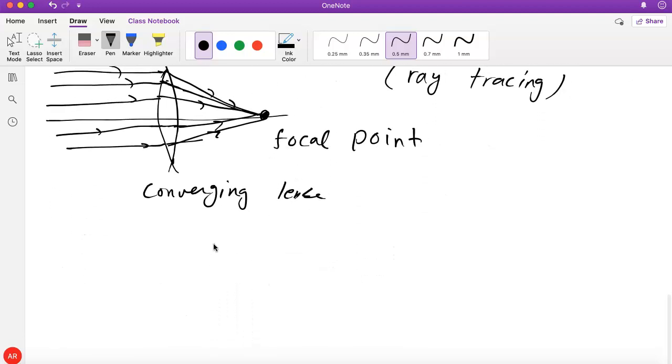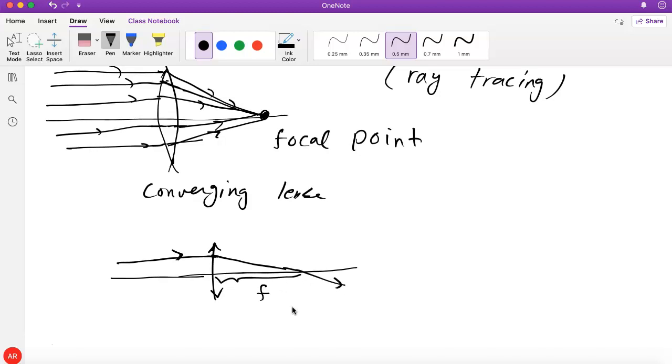So then, if I draw this, say this is my converging lens, this is the center line. If you have a ray parallel to this symmetry axis, then it's going there, where this distance is called f.